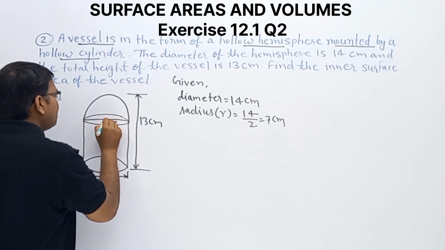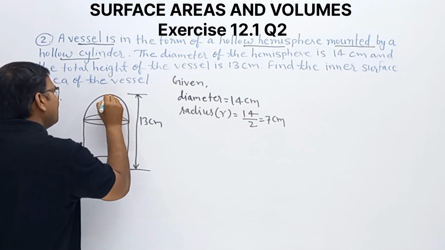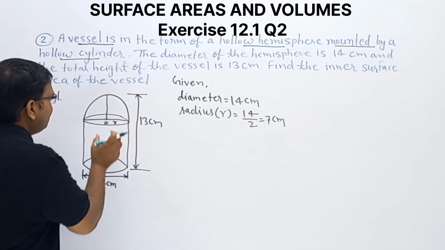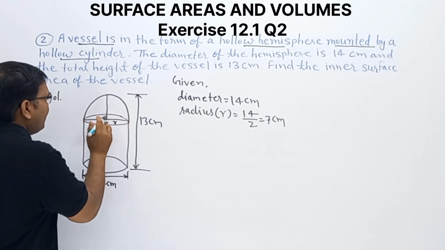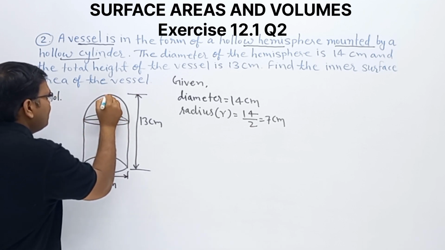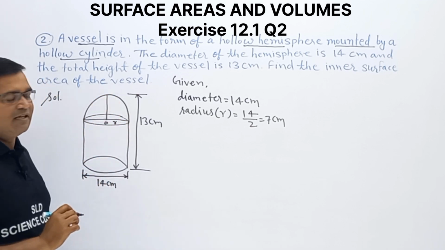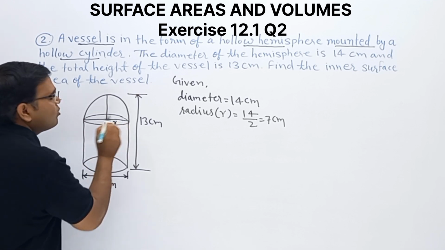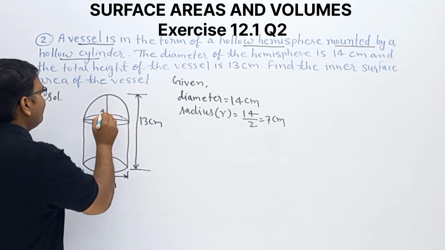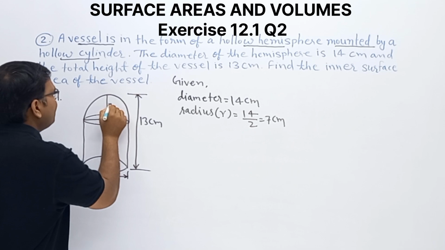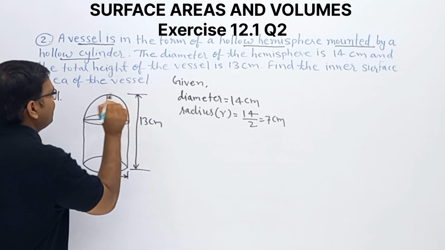Now from the center to this point, this length will also be the radius, and it is equal to 7 centimeter.